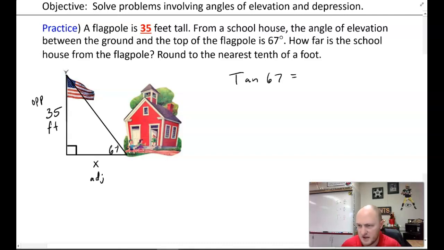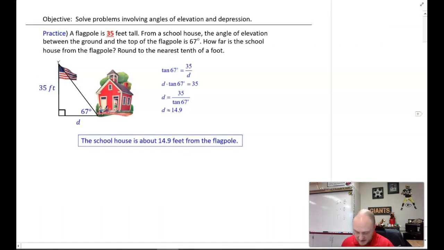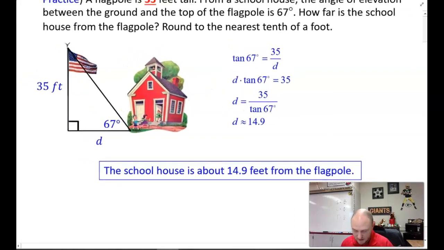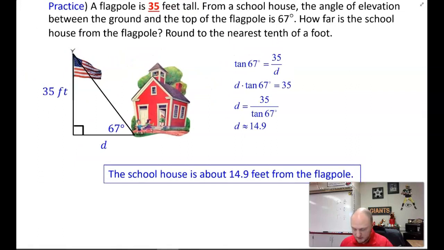So tan of 67 is equal to 35 over x. And then you should have solved and gotten 35 divided by tan of 67. Okay, and there is your answer. About 14.9 feet is the distance between the schoolhouse and the flagpole.